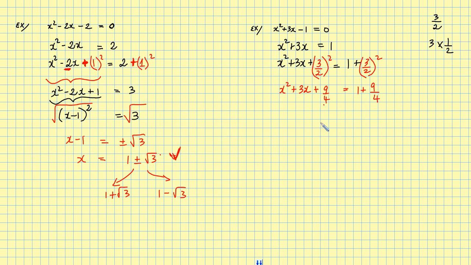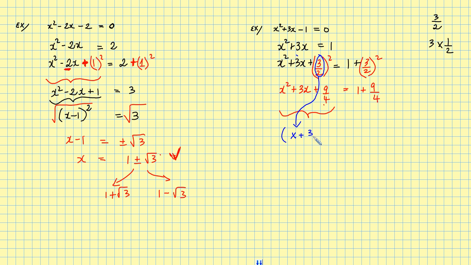Now, the second to last step is completing the square here. The completing the square says, what two numbers multiplied give me 9/4 and added together give me 3? Well, those numbers are going to be the number when I halved it, but before I squared it. So this number will tell me what the perfect square is.